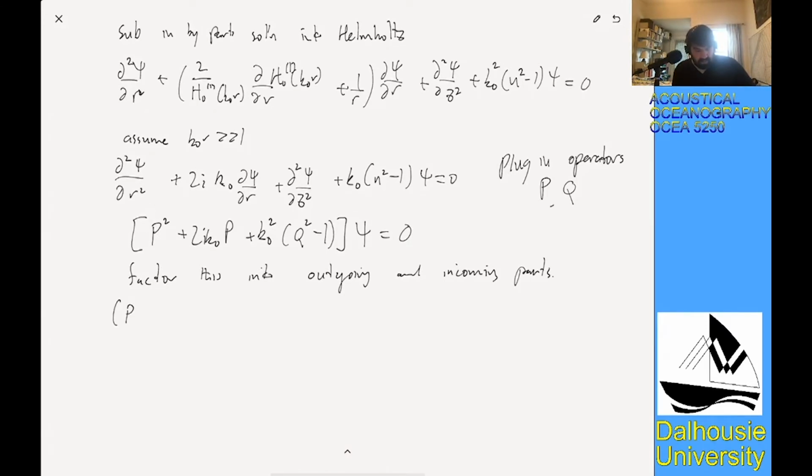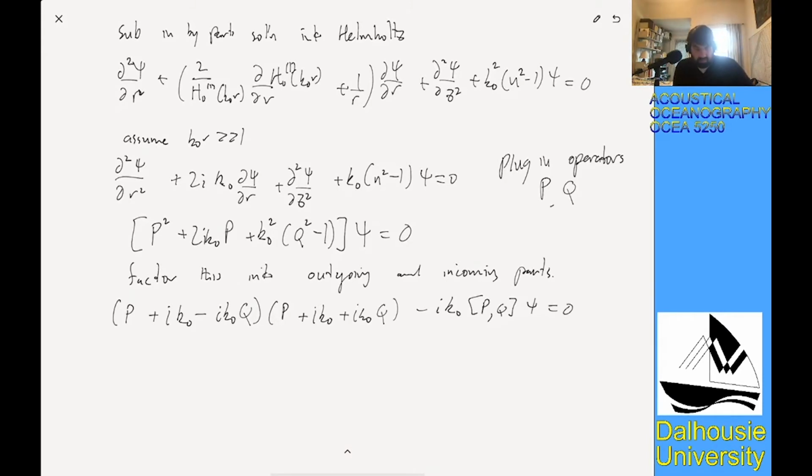So obviously we're going to have P plus i k naught minus i k naught Q, times P plus i k naught plus i k naught Q. And then to make things balance, we're going to have i k naught times the commutator of P and Q, acting on psi, equals 0.